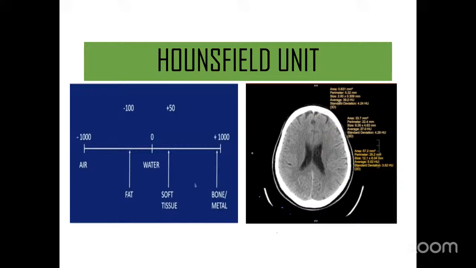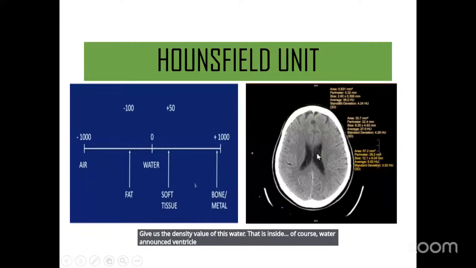Fluid appears dark on CT. Are we together? Now, when we ask the computer to please give us the Hounsfield number, the density value of this water that is inside the ventricle, of course, the ventricle contains some fluid, water.